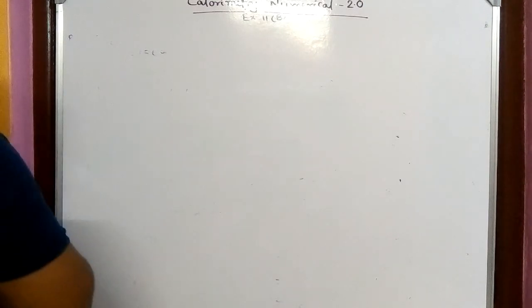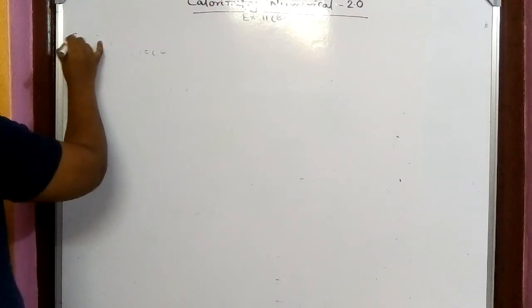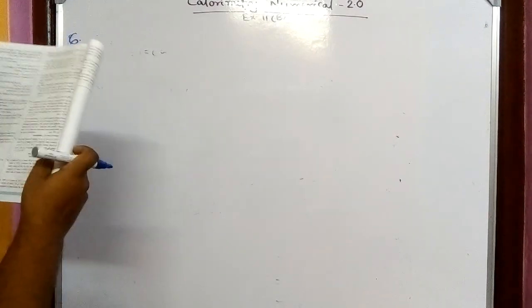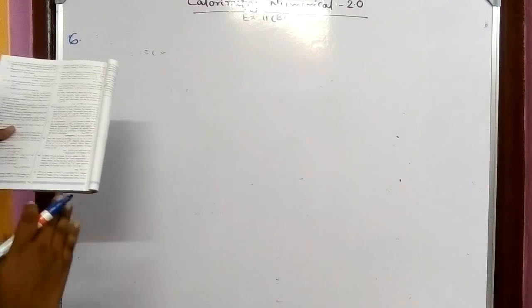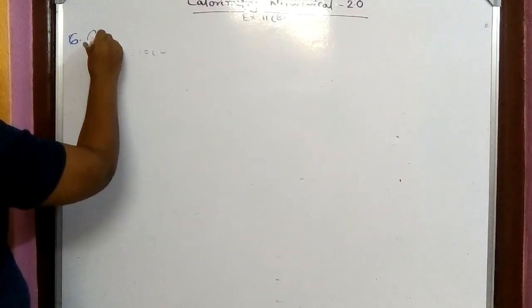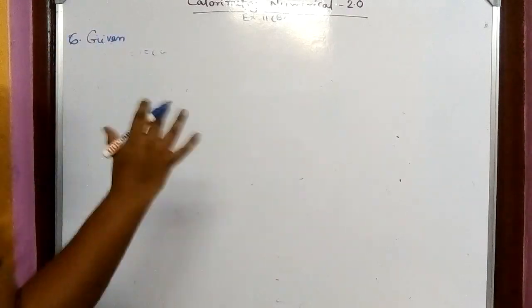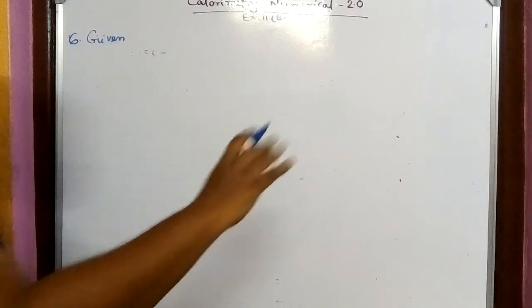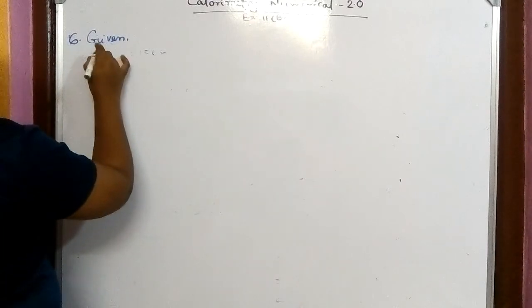So question number 6, what is told? It is told to find the result of mixing 10 gram of ice. So what is given here? Whenever we start reading the numerical, before reading the whole numerical, we have to start writing the information.